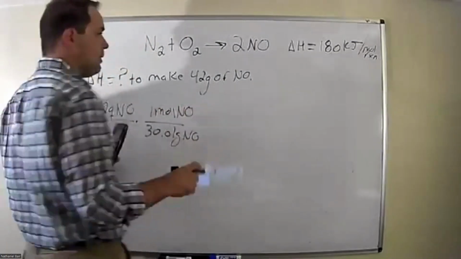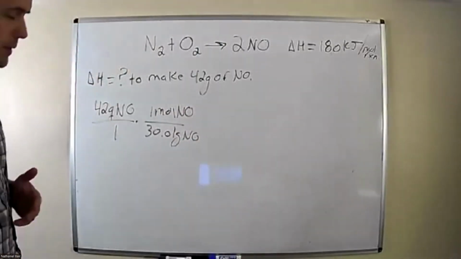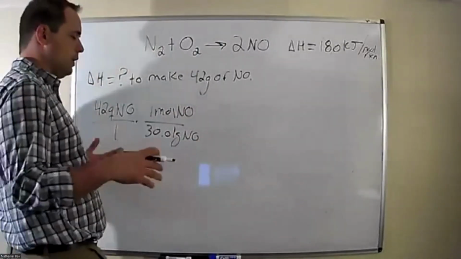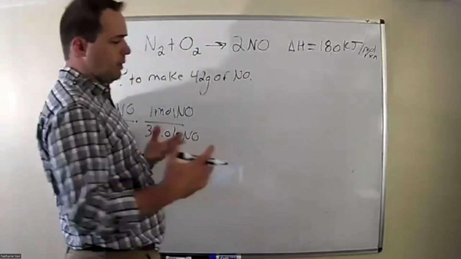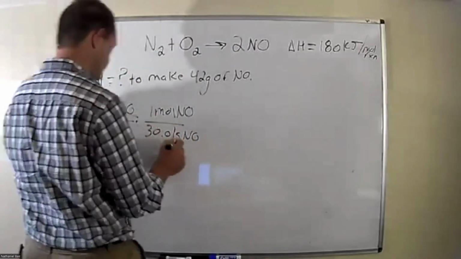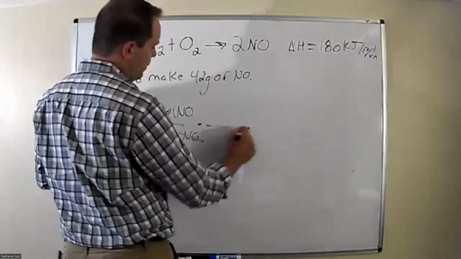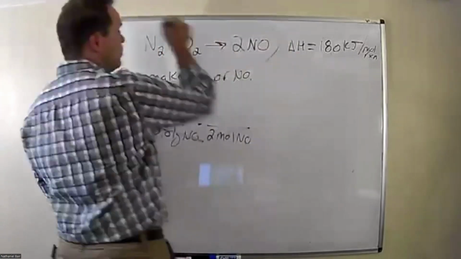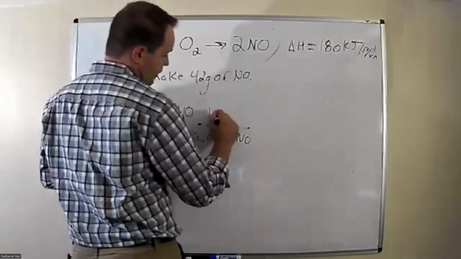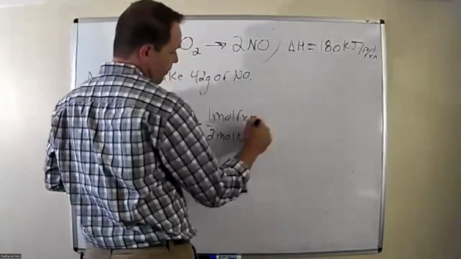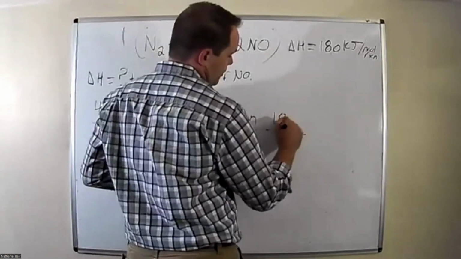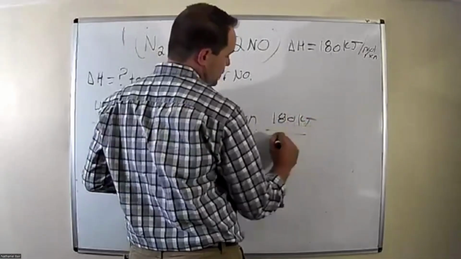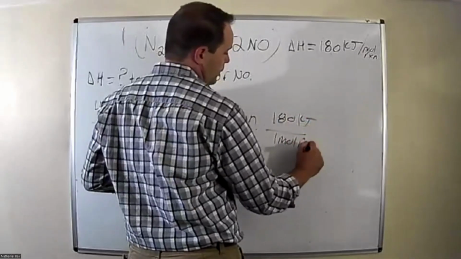And now we could do the same thing. You could break this up into 2 steps, or you could do what we just did. Let me show you the 2-step method. Maybe this will make more sense to you. There are 2 moles of NO in 1 mole of the reaction, and then it's 180 kilojoules per 1 mole of the reaction.